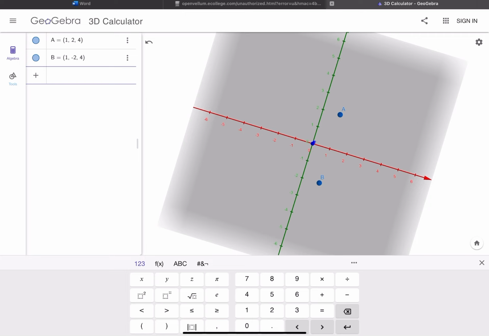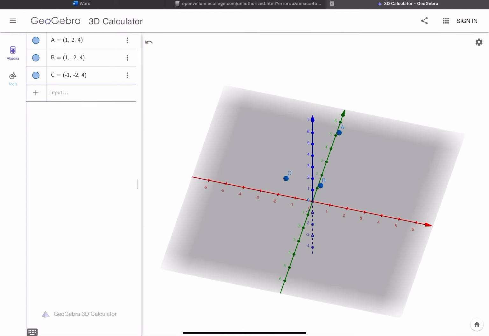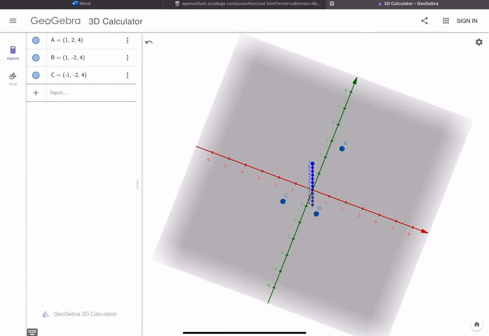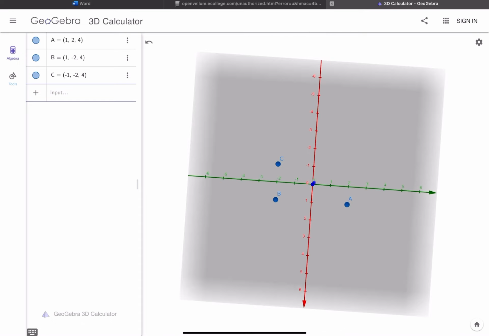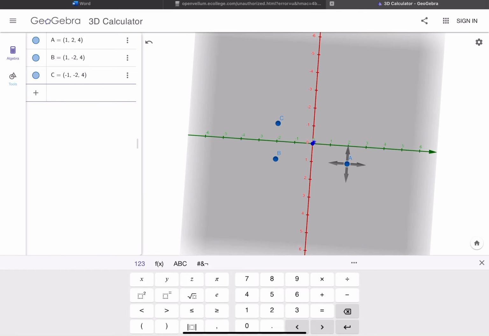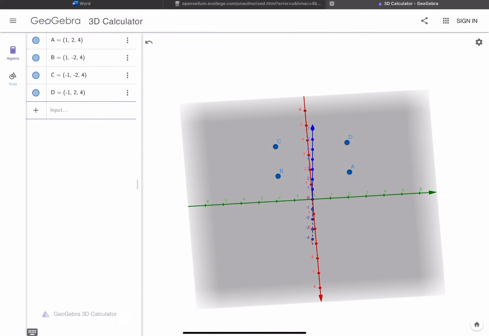So then we have -1, -2, and +4. And that's going to give us a point in a third octant where, again, the z is positive. And the last one, obviously, we could make the x negative, the y positive, and the z stay positive, and we get a fourth point.